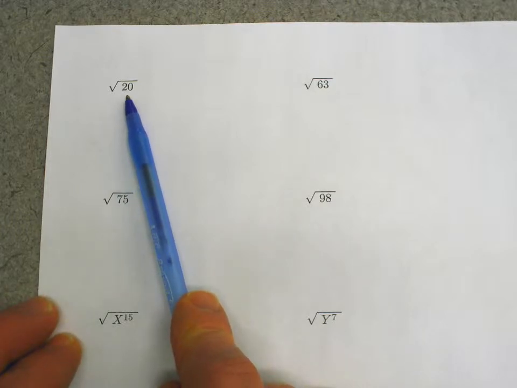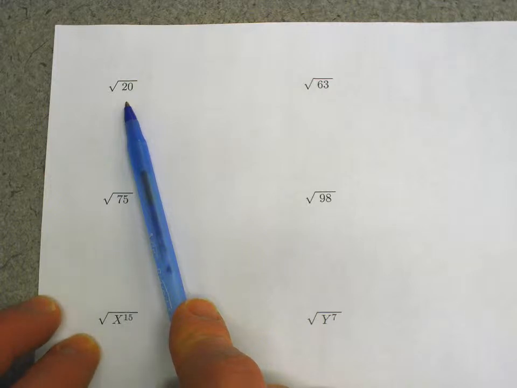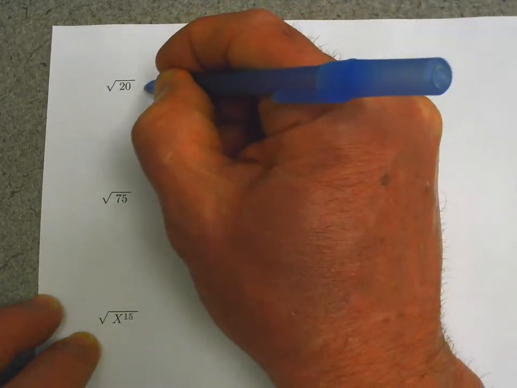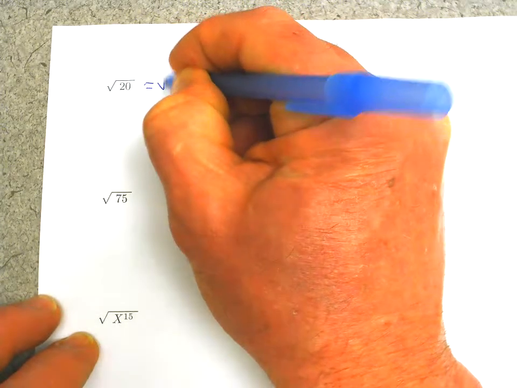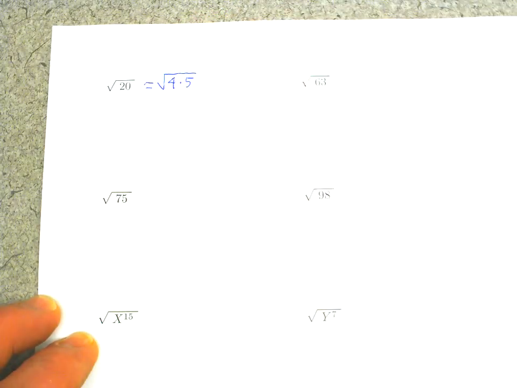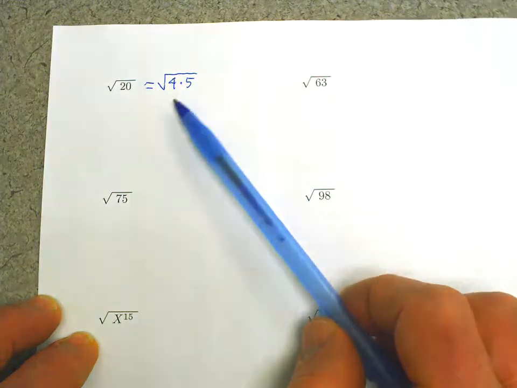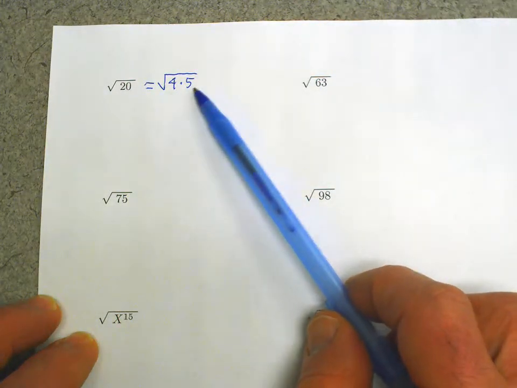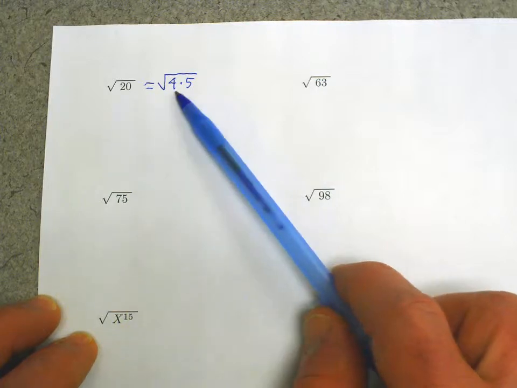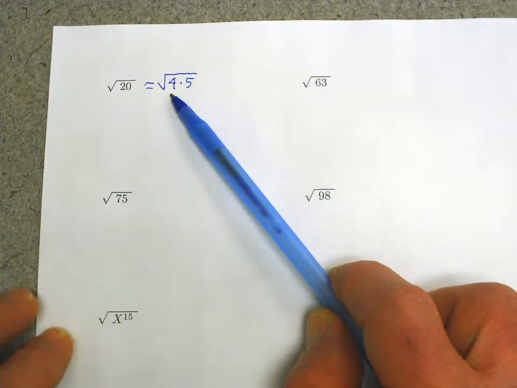Okay, so the square root of 20, we note that 20 is not a perfect square. The largest factor of 20 that is a perfect square is 4, and 4 times 5 is 20. So we can rewrite this as the square root of 4 times 5, because 4 is the largest factor of 20 that's a perfect square.